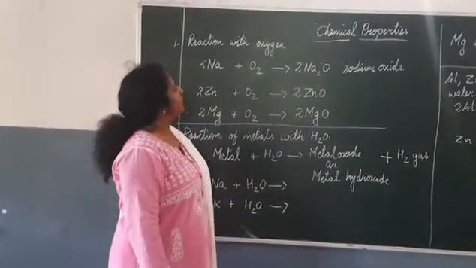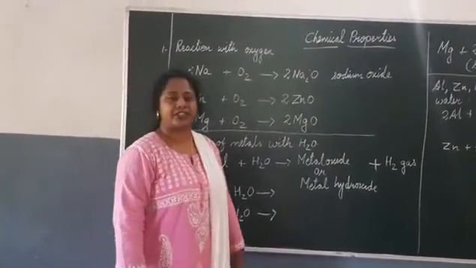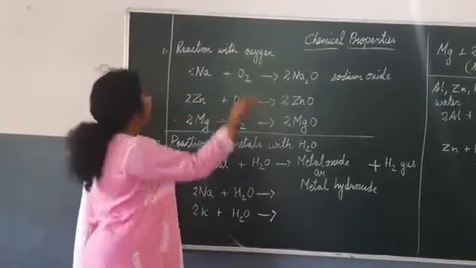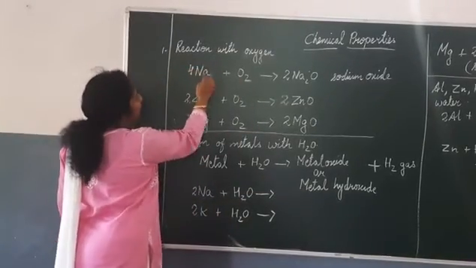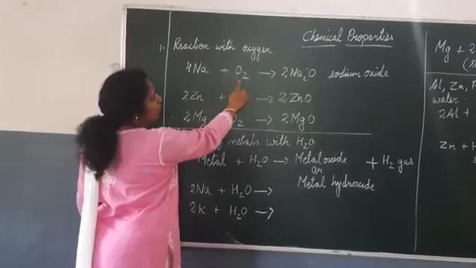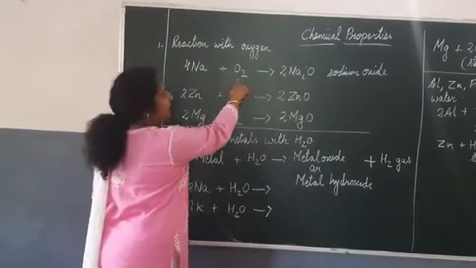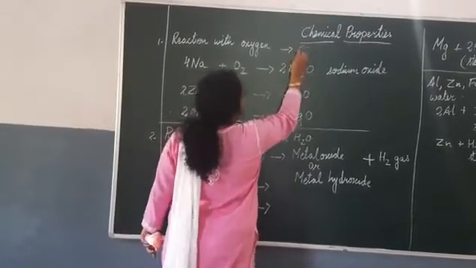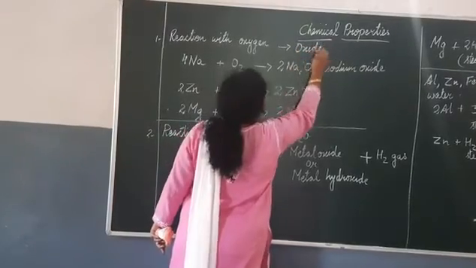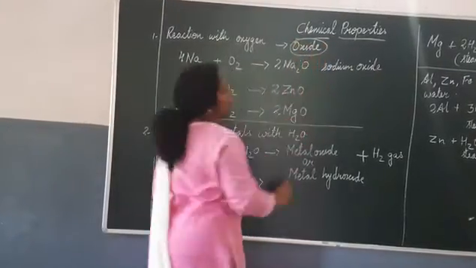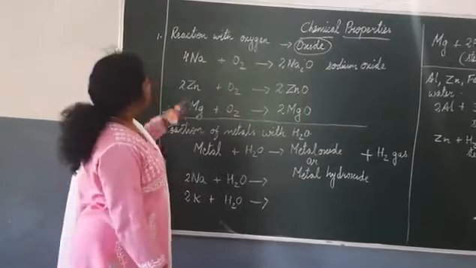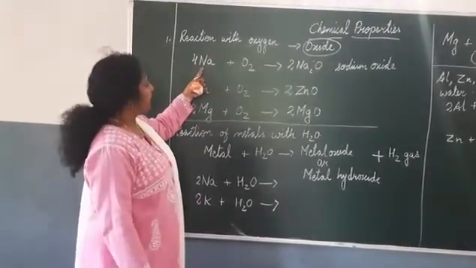The first property we'll see is the reaction with oxygen. Any metal, when it reacts with oxygen, forms the oxide of that metal. For example, Na. What is Na?